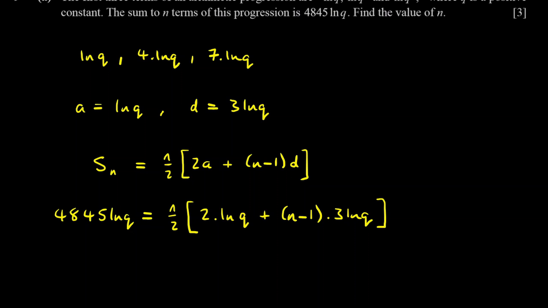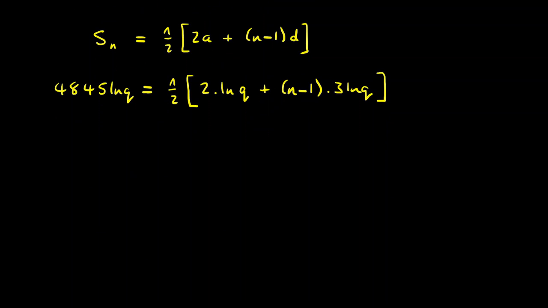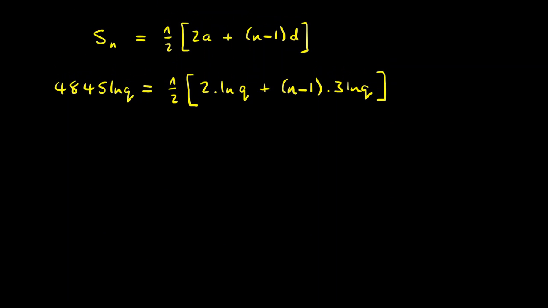Okay, so we're just going to have a bit of rearranging to do. Firstly, I hope you noticed that we've got a common factor of ln q, right? So if we divide the left-hand side by ln q, that's going to go. The right-hand side by ln q, that's going to go as well. So we can immediately simplify what we've got.